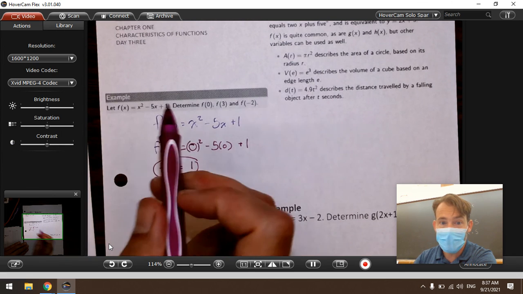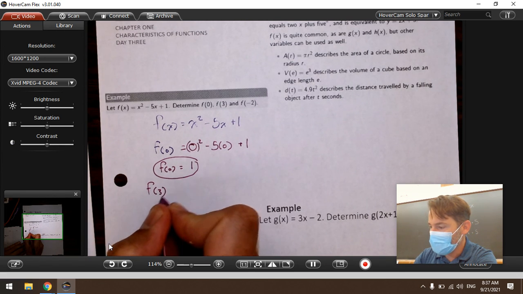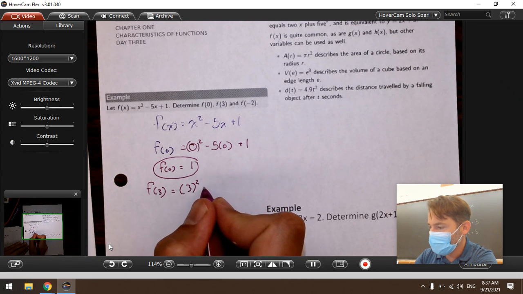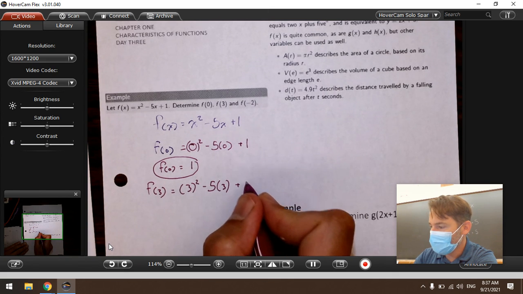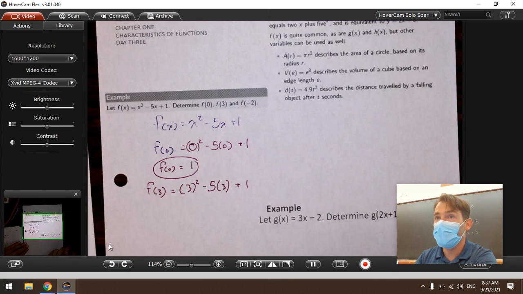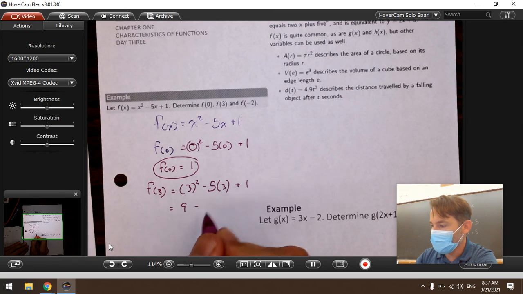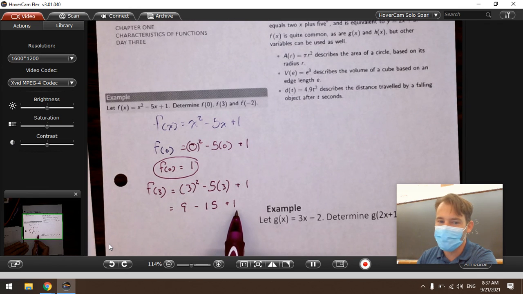Now let's do another one. F at 3. F at 3 equals, substitute into brackets, 3 squared minus 5 times 3 plus 1. Now evaluate. Equals 9 minus 15 plus 1. Collect like terms.